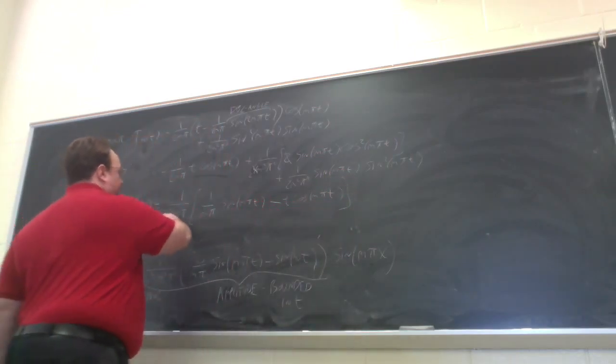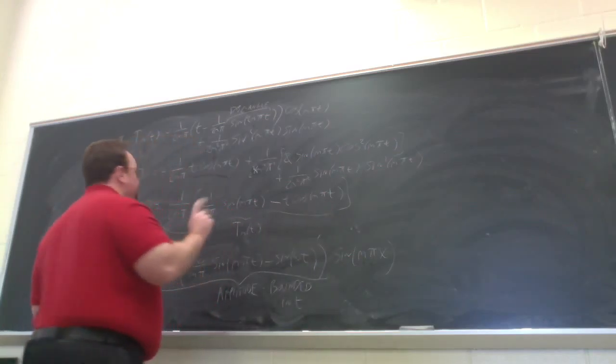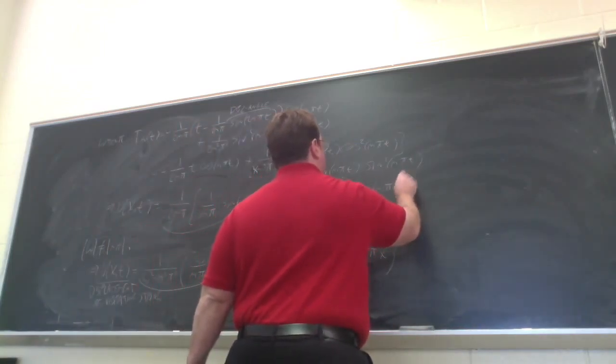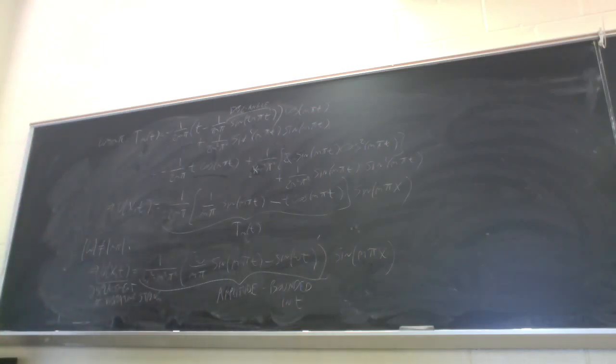So this is Tm of t times your eigenfunction, which is sine m pi x. And that's it. So here's a solution when omega is not equal to m pi in absolute values.